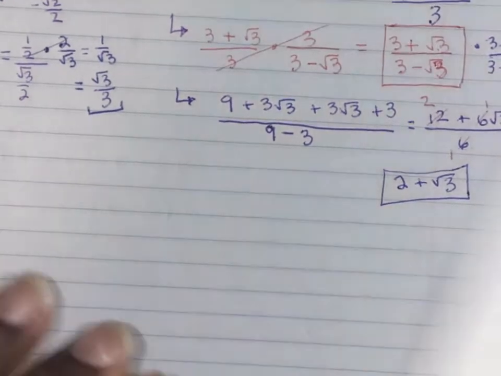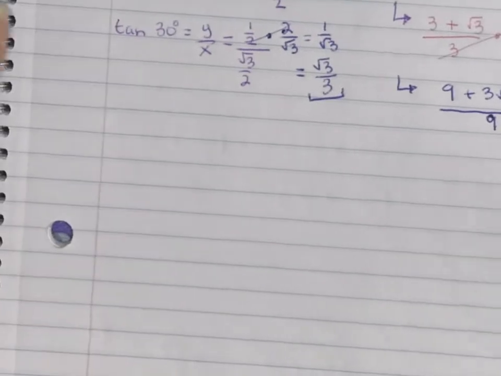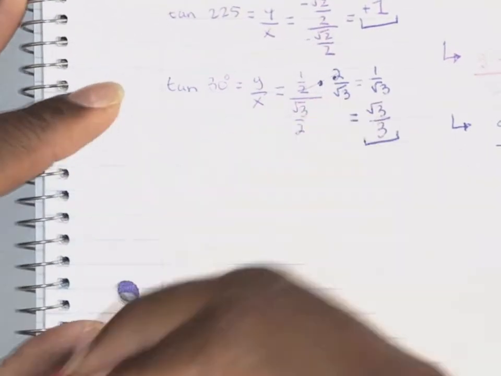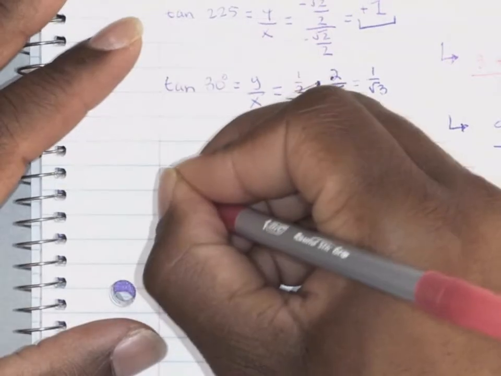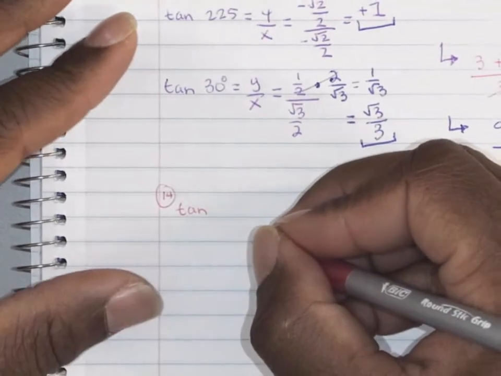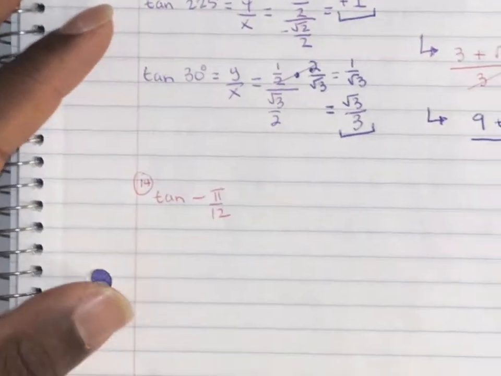All right, one more sum and difference to go. We got tangent of negative pi over 12. This is number, because my numbering's all over the place, 14. Tangent of negative pi over 12.